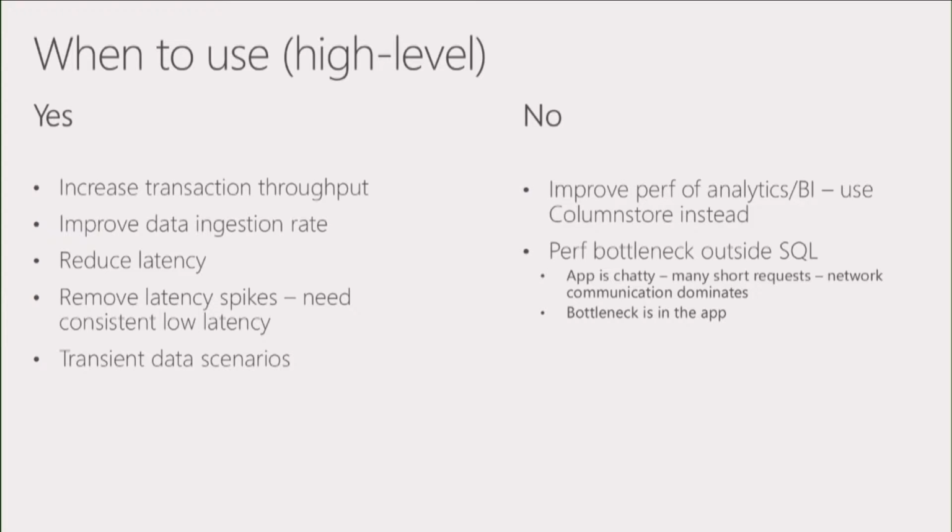And that is especially with a pattern we call chatty applications, which are applications that, to do one business transaction, have a lot of back and forth between the client and the server.